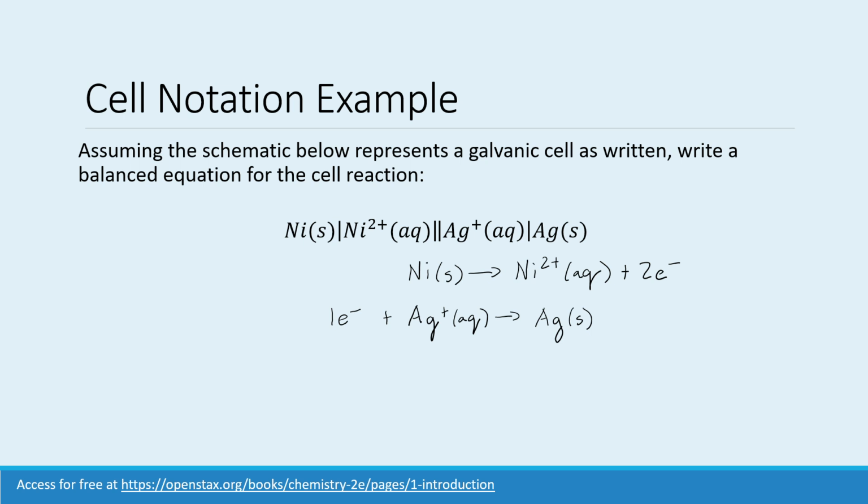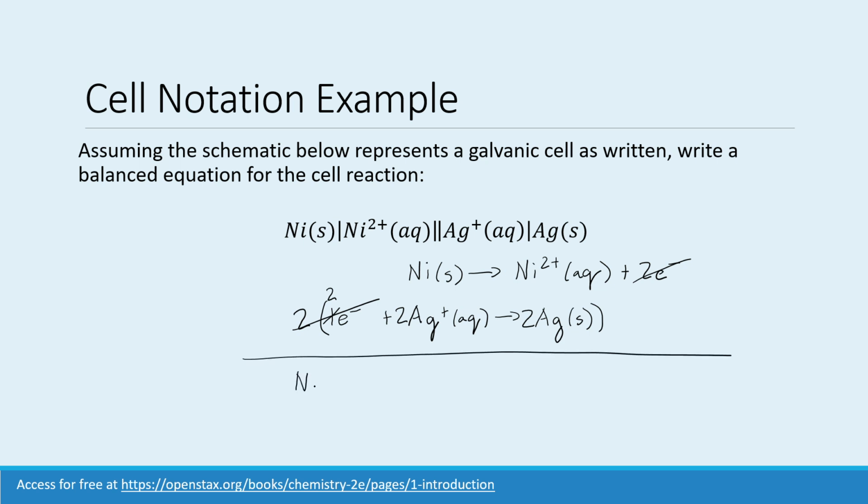And then we have to get those electron numbers to be the same on both sides. And so, of course, we're going to have to multiply that second reaction by 2. And so basically that just makes everything a 2 in front. Okay, and then the electrons can cancel out on both sides as long as they match. And then we add those reactions together.